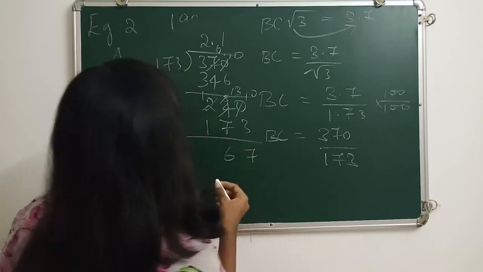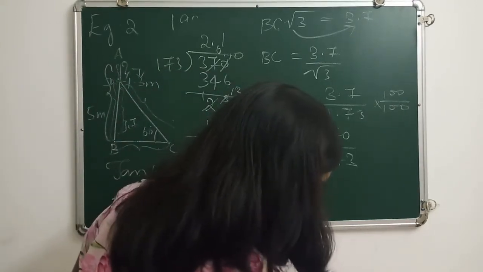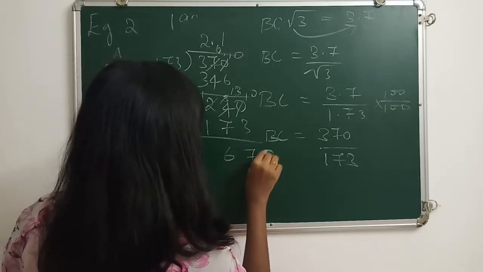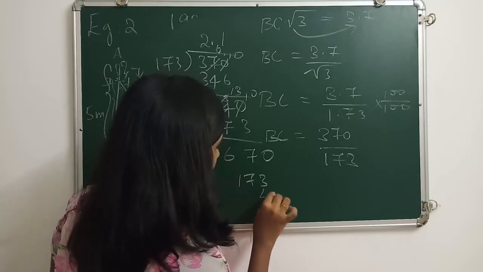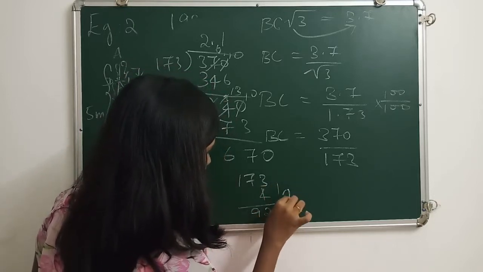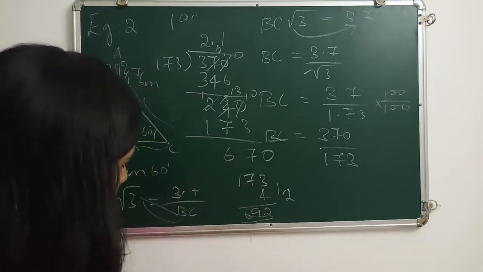And that's it. Now we can take the value. Next we can add in 0 here again. So 173 into, we can take 4. It is 692.